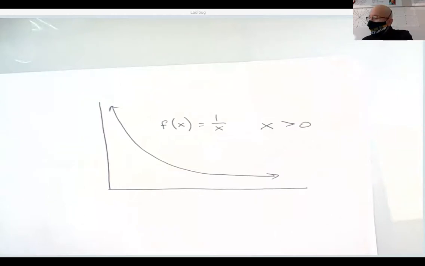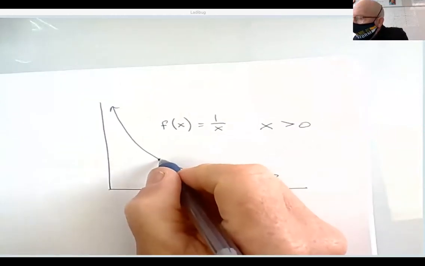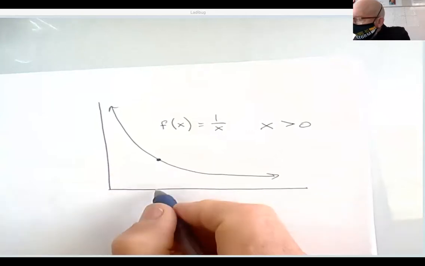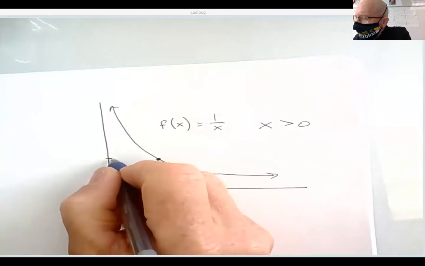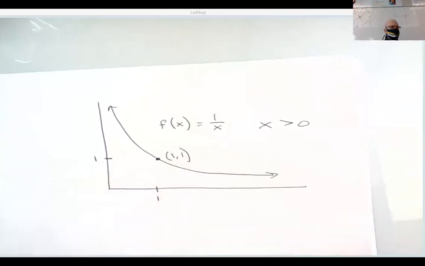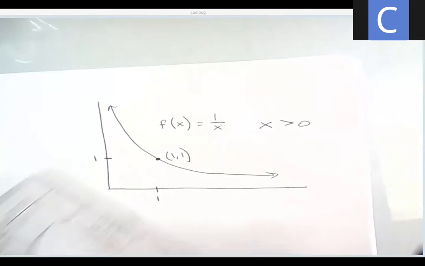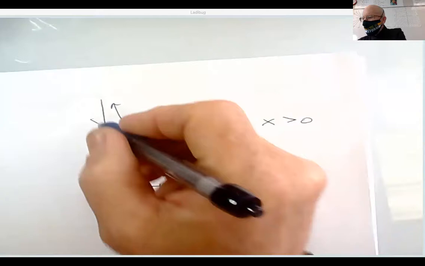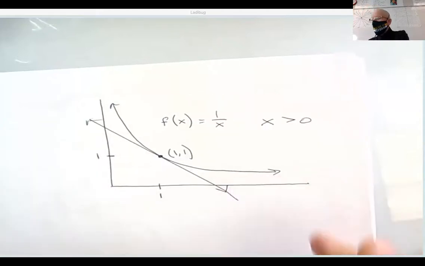Right here, I have a point. So this point is 1, 1. Christian, are you seeing this okay? Yeah. And this is a tangent line. That got crooked at the end, okay?